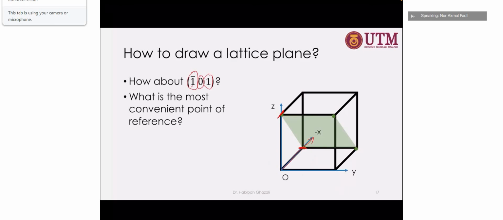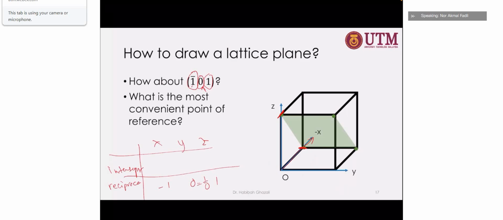Remember when we have this reciprocal of the intercepts x, y, and z. This one is -1, 0, and 1. So if we do the reciprocal, we will get 1 divided by 0. So what is the answer if we divide 1 by 0?